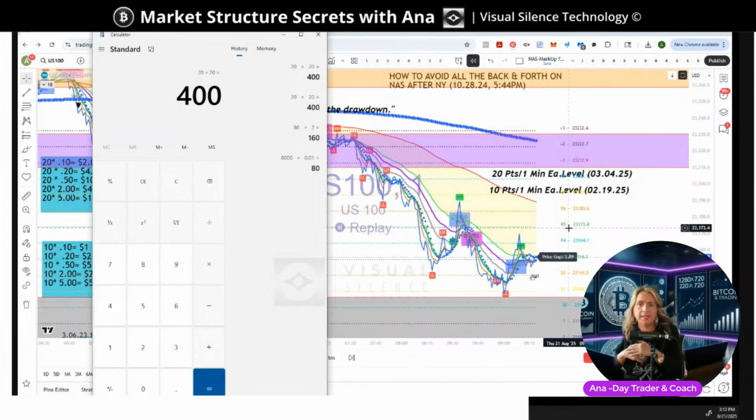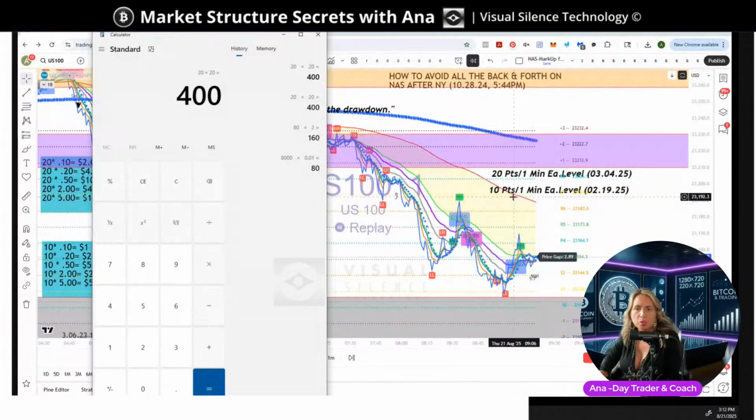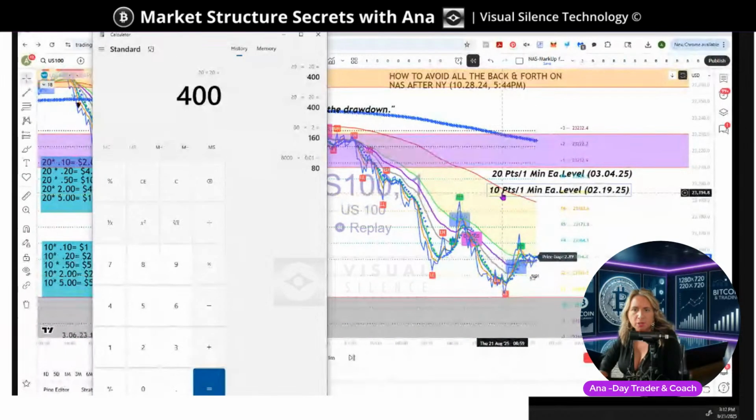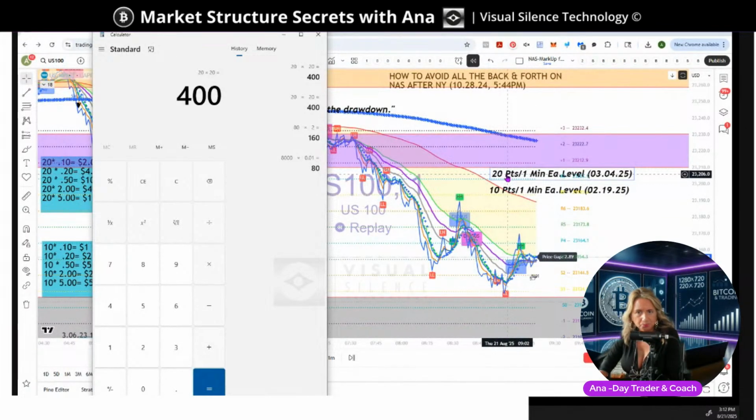That's because there's been more momentum in the market at that time. If you have a big move like we've had yesterday and today with NAS, these pivot levels can range a little larger than normal. But the average norm for NAS between these is about 10 to 20 points.